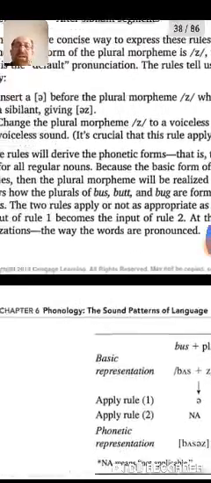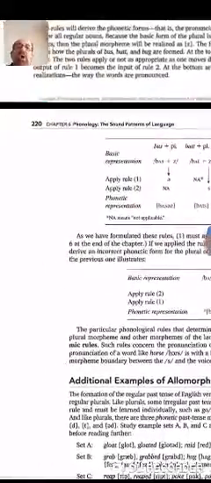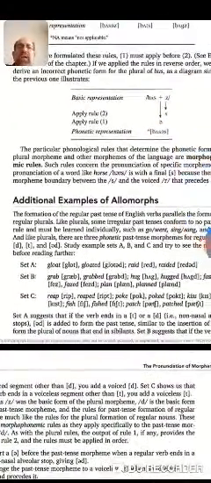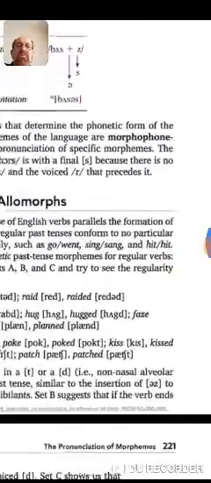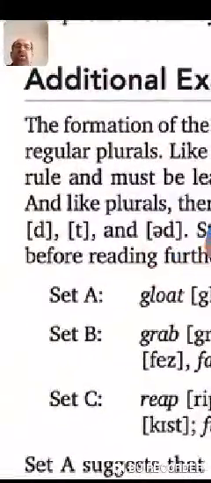That's it. Now we want to continue with additional examples of allomorphs. It's on page 220. Again, the formation of regular plurals is like the one that we just talked about.